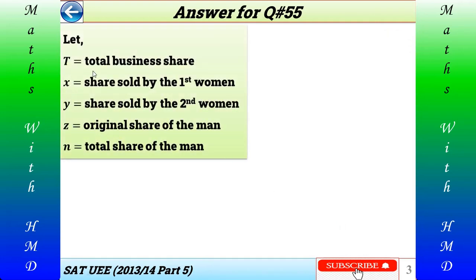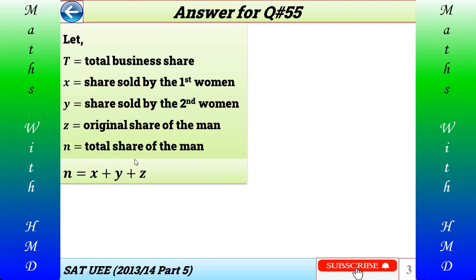So here let T be the total business share, X the share sold by the first woman, Y the share sold by the second woman, Z the original share of the man, and N the total share of the man.